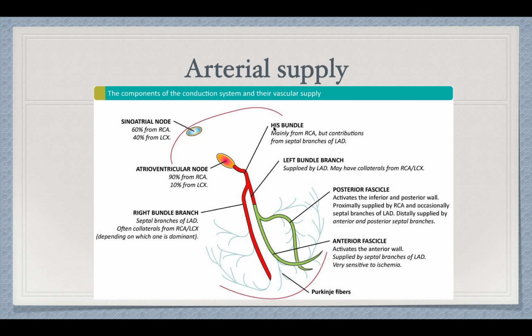The bundle of His is usually from the right coronary artery. The left bundle branch is supplied somewhat by the left side, but the posterior and anterior fascicles of the ventricular walls are mostly going to be provided by the left coronary artery.